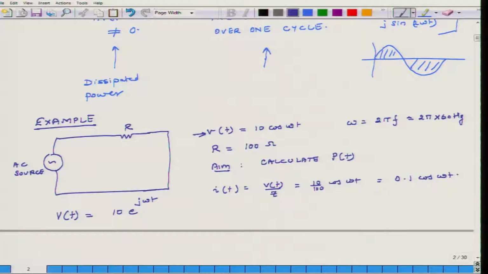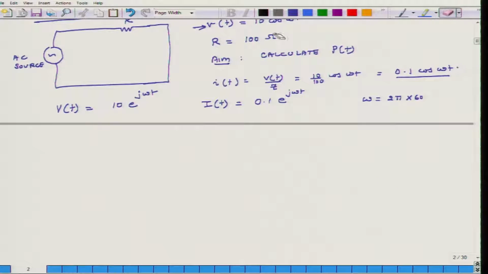Similarly, the real current is 0.1 cosine omega t, and in the complex domain it will be 0.1 e to the power of j omega t, right, where omega is equal to 2 pi into 60. So, 60 is the frequency and the unit of omega will be radians per second.